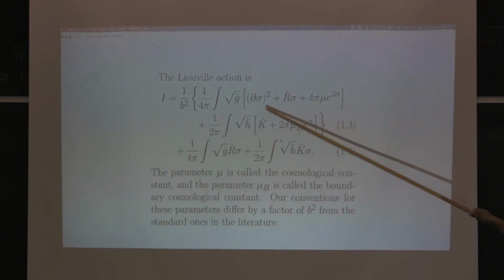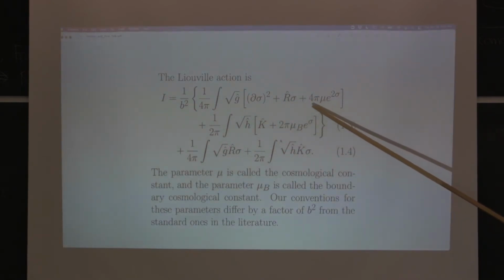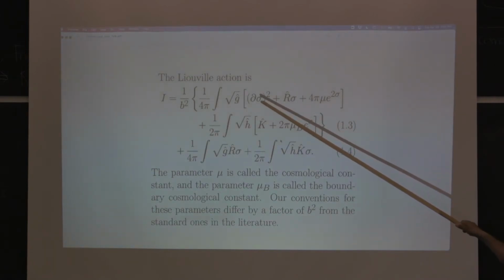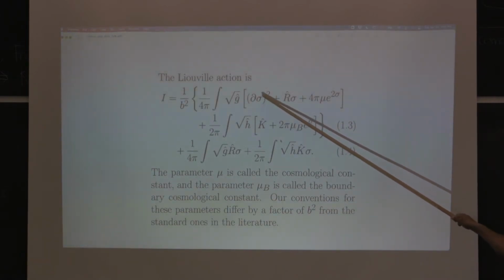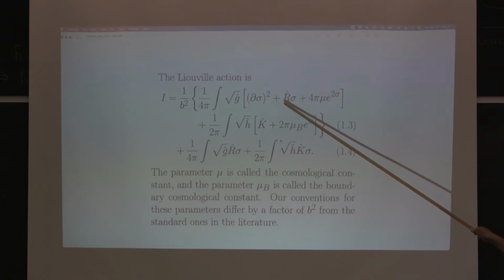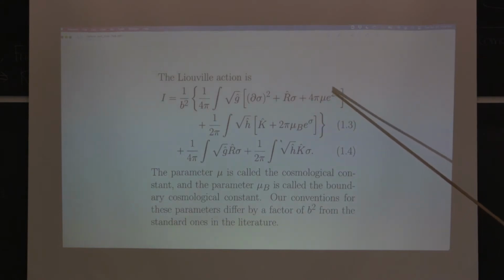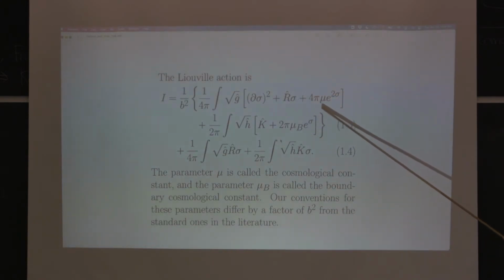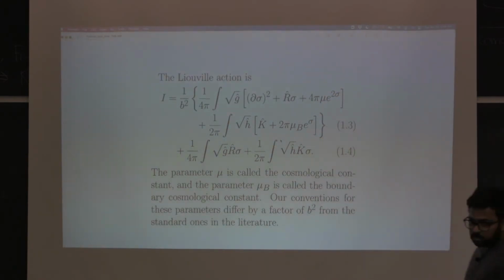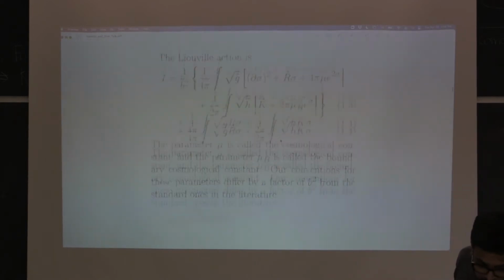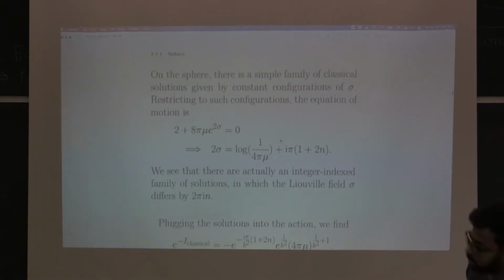Now we are going to look for saddle points of this action, such that sigma is constant. So the kinetic term is not going to be there. This just gives R hat. R hat is 2. That 2 will cancel against the 2 that comes from here. So you get 1 plus something times e to the 2 sigma equals 0. That's the saddle point equation.